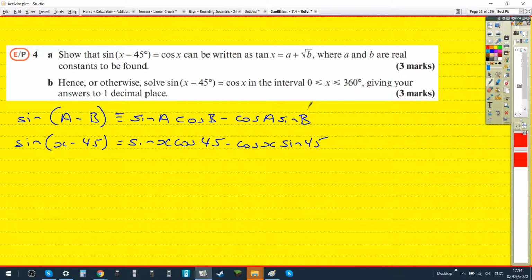So it's not equal to cos x just... Oh no, you're right, yeah. Okay, go on.